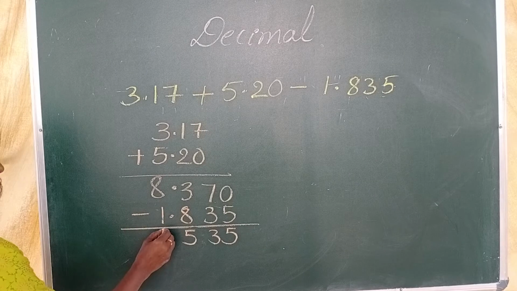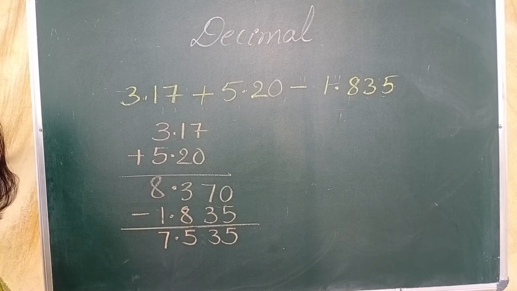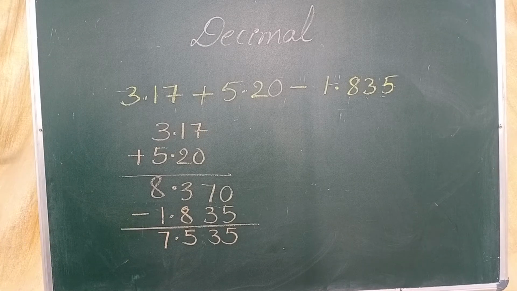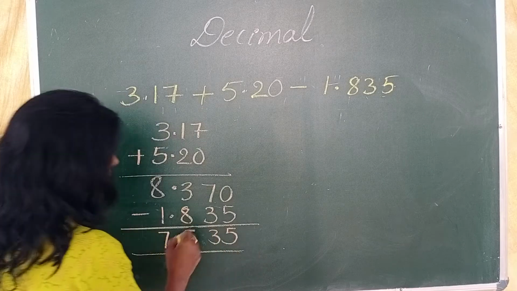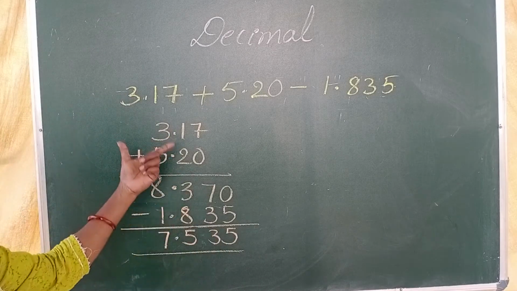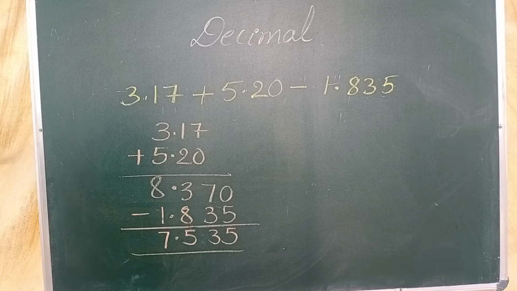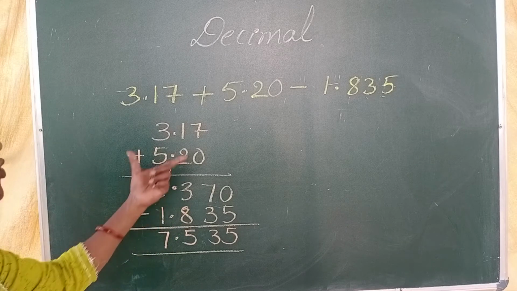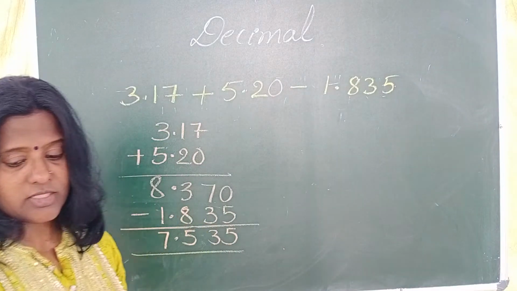And 8 minus 1, 7. So this is how you can simplify the given value. This is how you have to add or subtract.